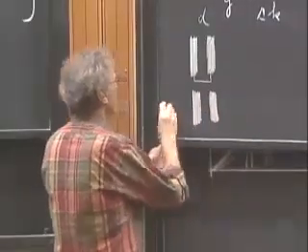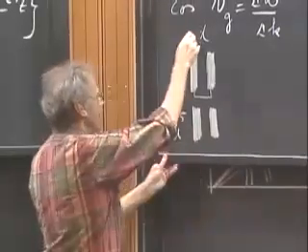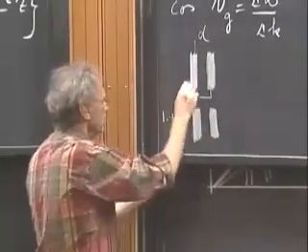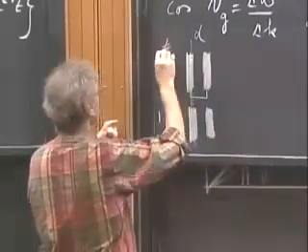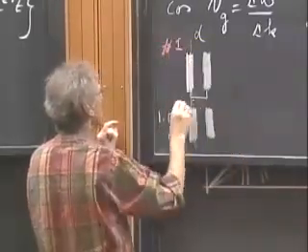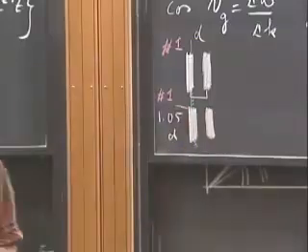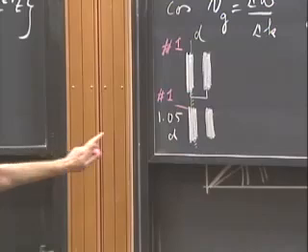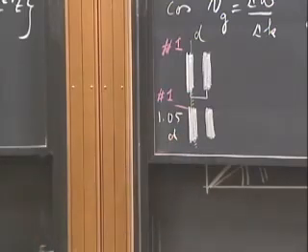So here we have 1.05D. And I line these up. So this is the very first one on my sheet. This is number 1. And this is number 1. So they line up. This one, the opening, the separation is 5% larger.